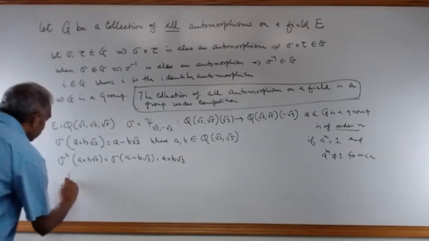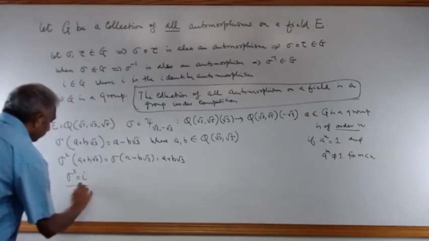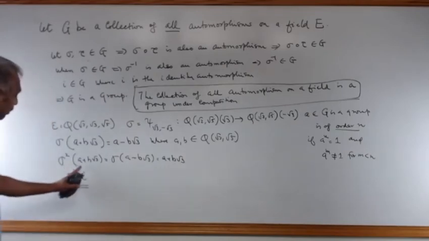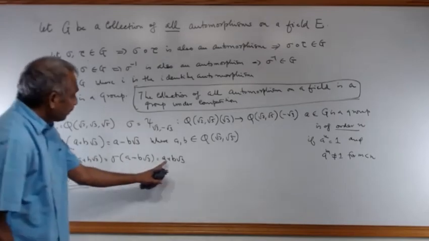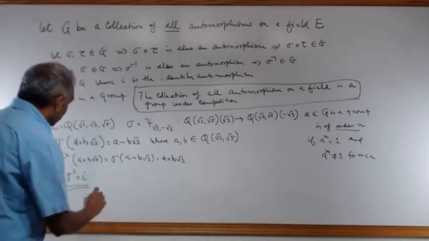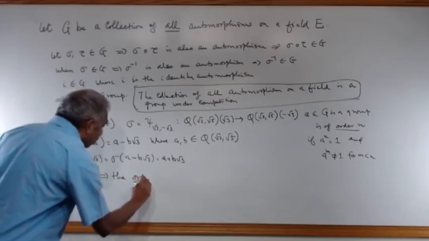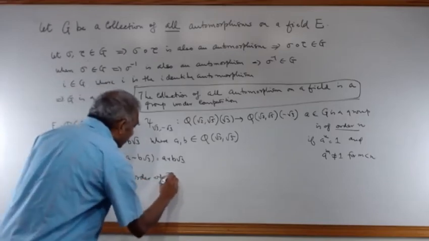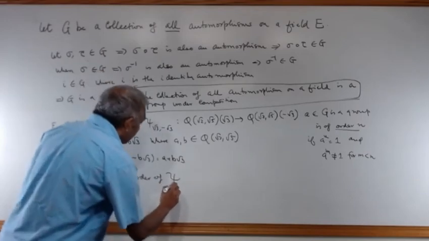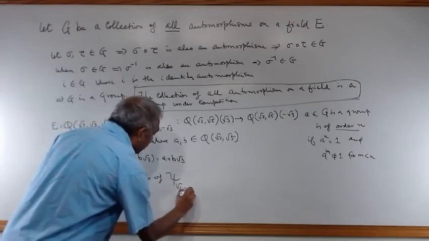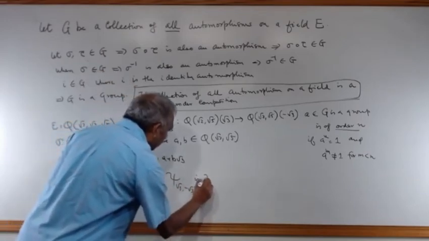So sigma square is equal to I, because sigma square of a plus b root 3 is equal to a plus b root 3. That implies the order of psi of root 3, minus root 3 is 2.